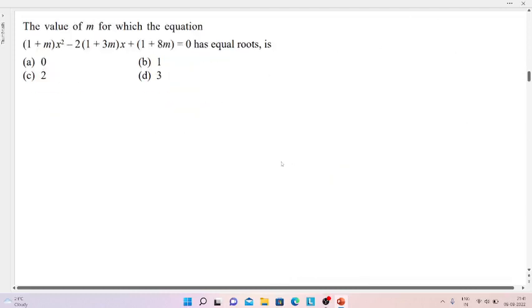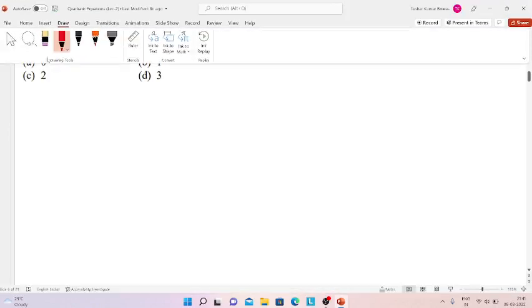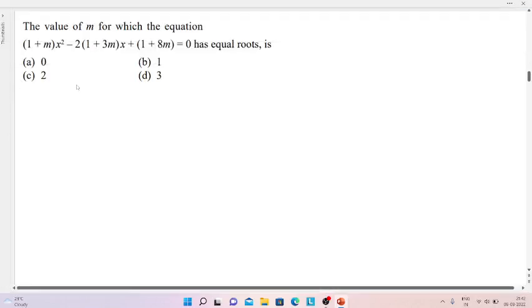Okay, let's move to the next question, which is also a good question. You can consider it a good question. The question says: the value of m for which the equation, this mammoth-size equation given to you, (1 plus m) x square minus 2 times (1 plus 3m) x plus (1 plus 8m) equals 0, has equal roots, right?